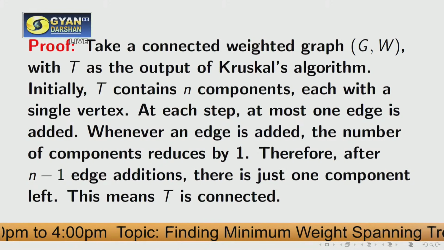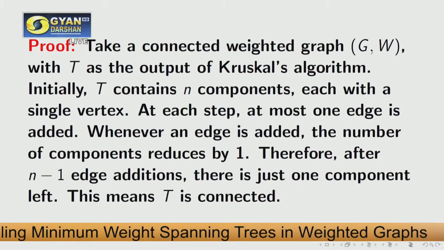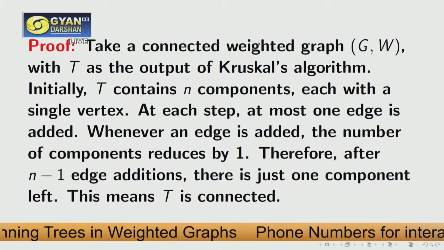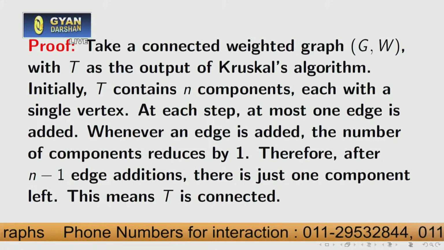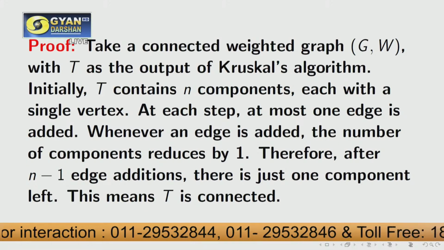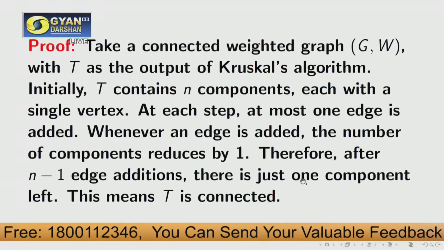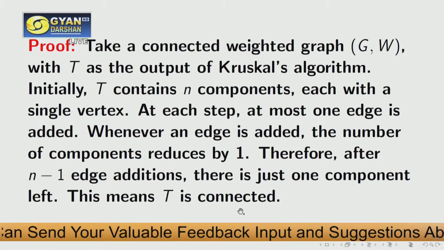Now when an edge is added, the number of components reduces by 1, because any edge that is added just joins two distinct components. So those components become a larger one, and the number of components reduces by 1. So when there are n-1 edge additions, what happens? We are left with just one component, and this means T is connected.